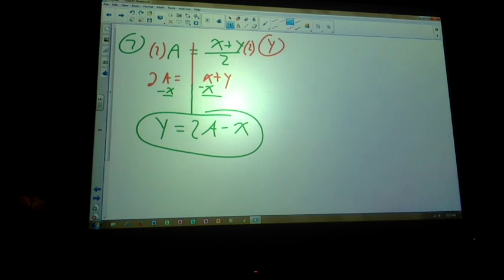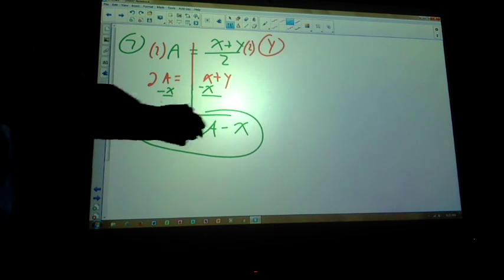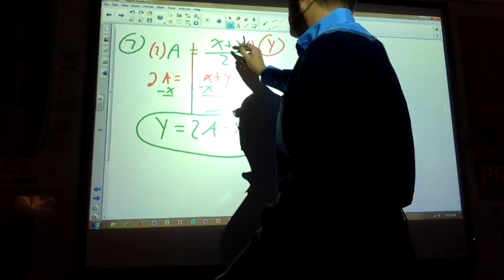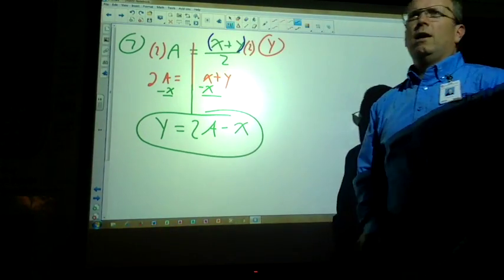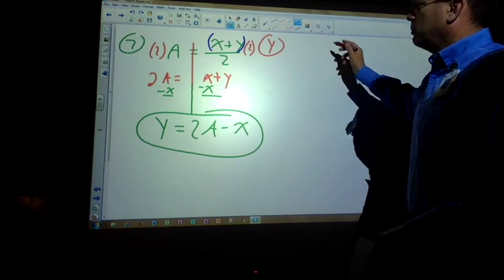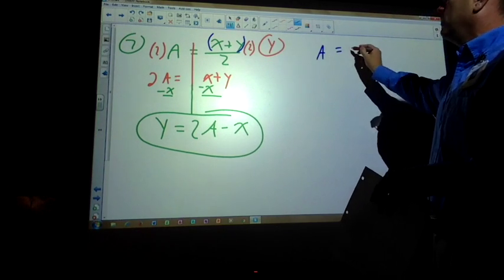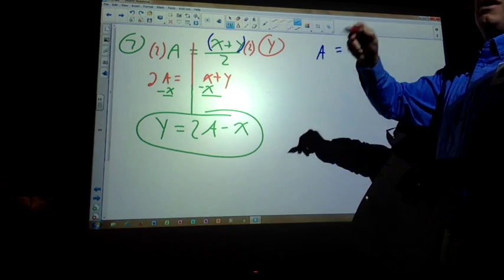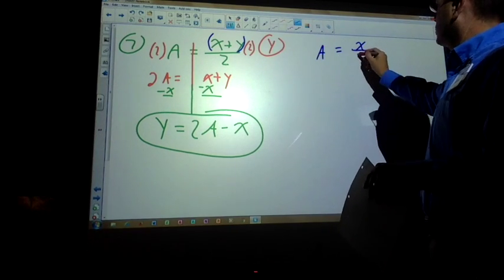Mr. Squirrel, talk to me. When do you get 2x plus 2y? It says you're multiplying by 2. Oh, because this x plus y, we were lazy. We did not put it in parentheses. So this problem could have been rewritten to look like this.